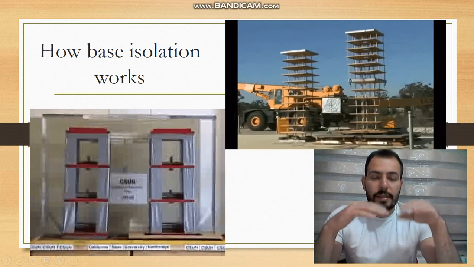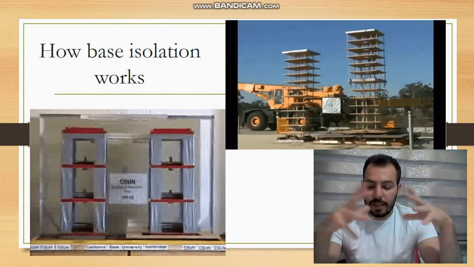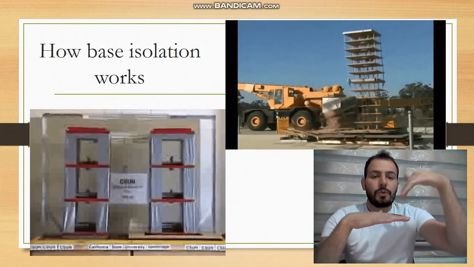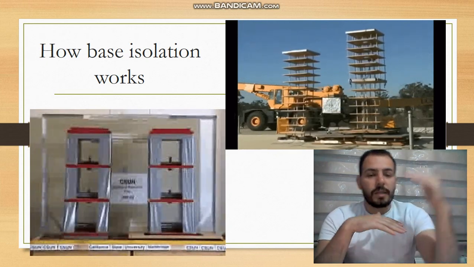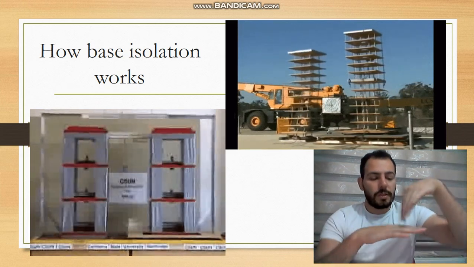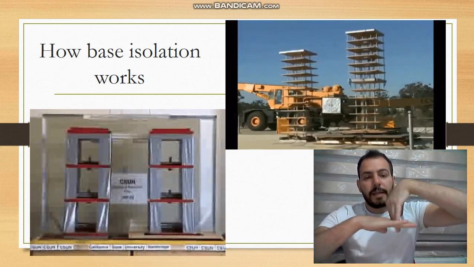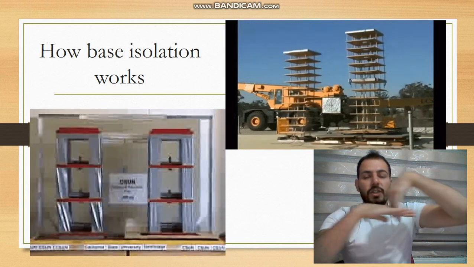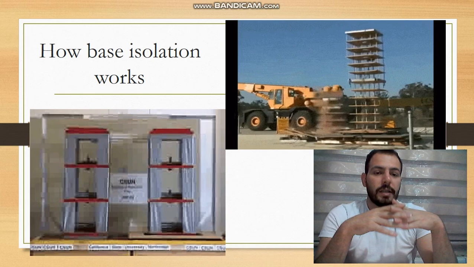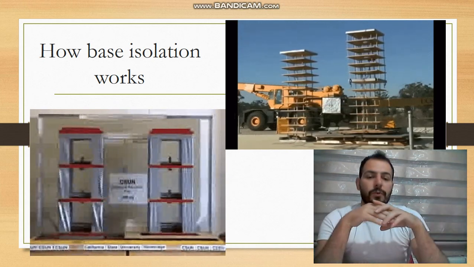We may know that during earthquakes, for example, this is a building and this is the surface, and we put our building on the surface like that. During the earthquakes, they just move together, and this brings a lot of vibration in our buildings, which can collapse.